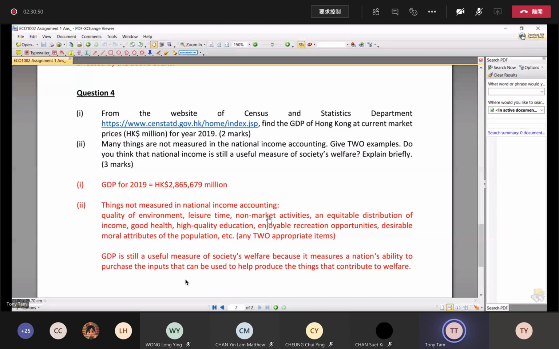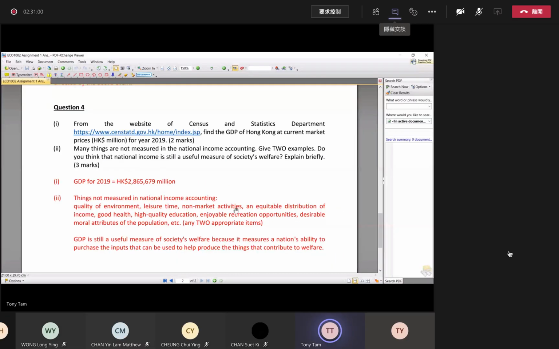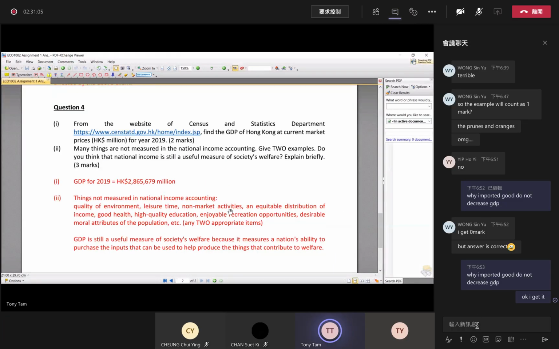So it will be no point to put it. So these are the stuff you can put. And these are the stuff related to the well-being of the society. Not everything can be put, it has to make sense, right? Okay, you cannot just say eating or shopping, those would not be related. Right? So you can just put any two of these.